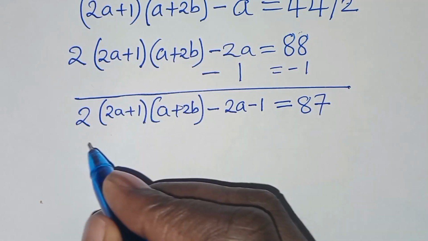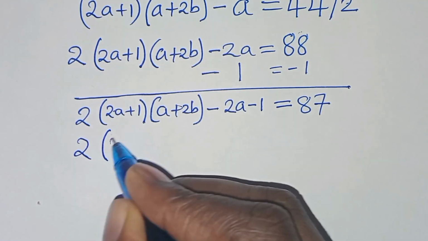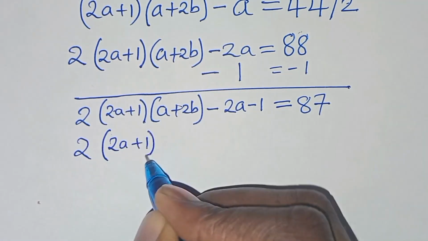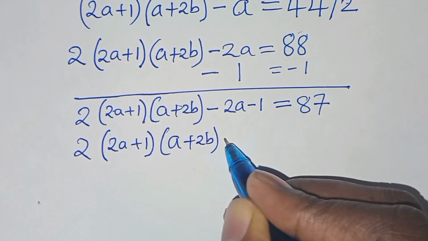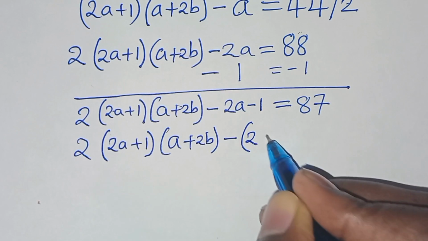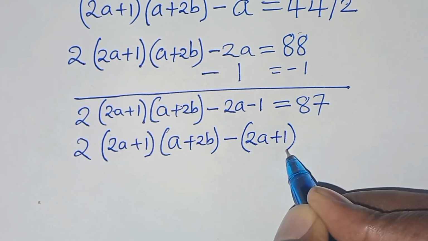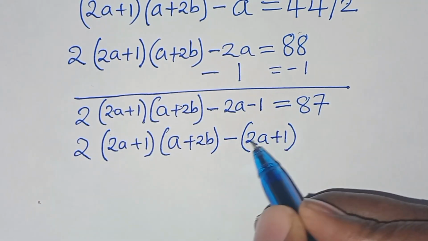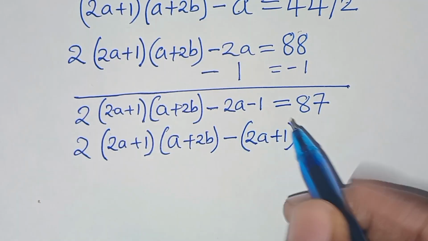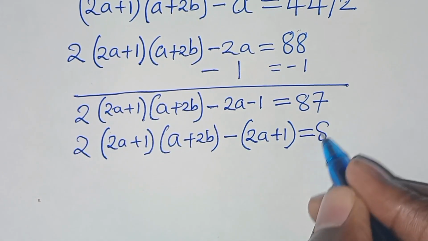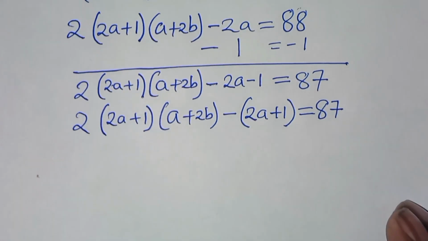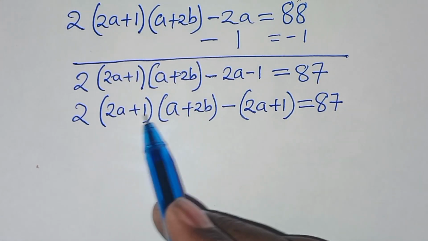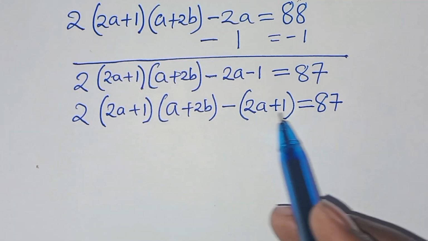So this implies that we have 2 times, this is 2a plus 1, then we have a plus 2b, subtract 2a plus 1, because minus times positive, this is minus, and this is equal to 87. Now this implies that 2a plus 1 is common here.